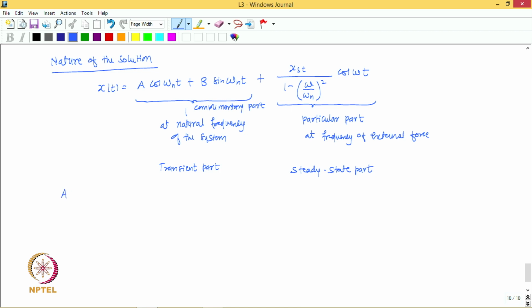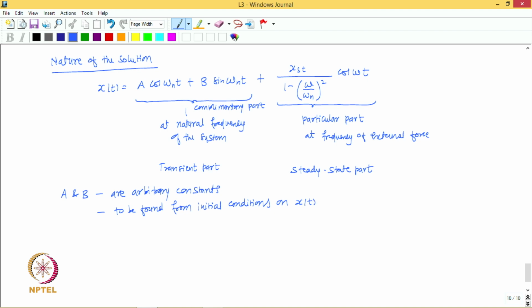Now, A and B are arbitrary constants, and they are to be found from initial conditions on x, right.